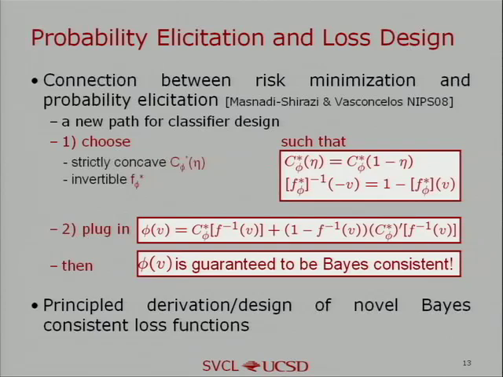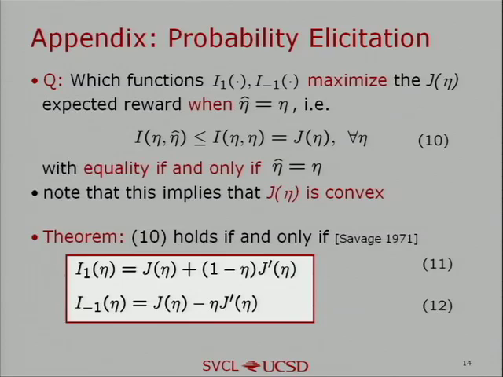So this gives us a principled way of designing novel Bayes consistent loss functions. Now, I'm not going to go over the proof of that formula. The proof can be found in our NIPS 08 paper, and it basically deals with probability elicitation and Bregman divergences.